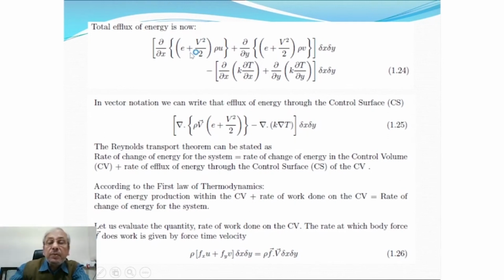We have found them out separately, and now we are adding them. In vector notation, we can write divergence of rho v times (E plus V square by 2) minus divergence of K grad T into dx dy.